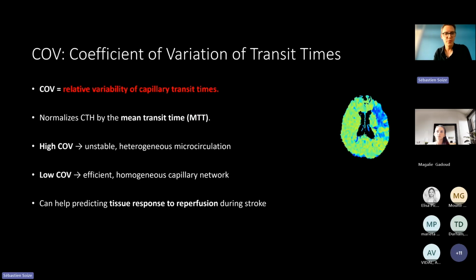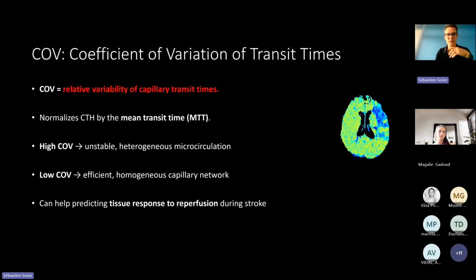The last one, which for me is a little bit more complicated and probably with CBCT a little bit less useful, is the COV, variation of transit times. It means that it's even further than the no reflow with the CTH. If you got a high COV, you got just an unstable microcirculation.